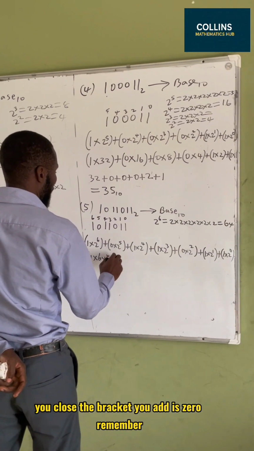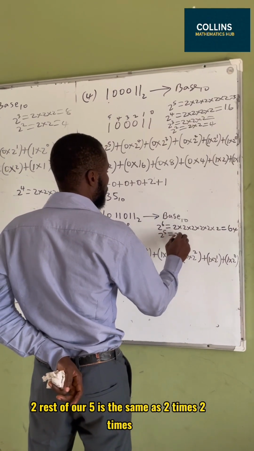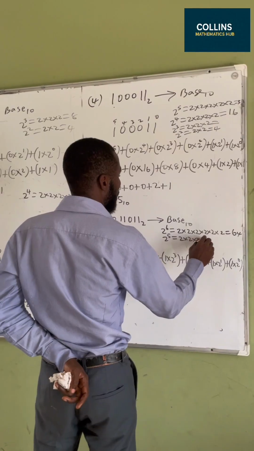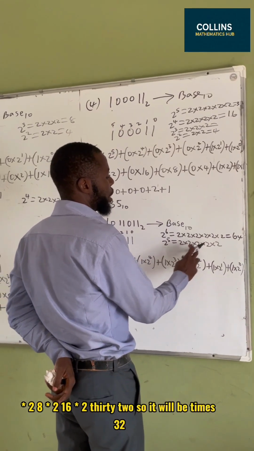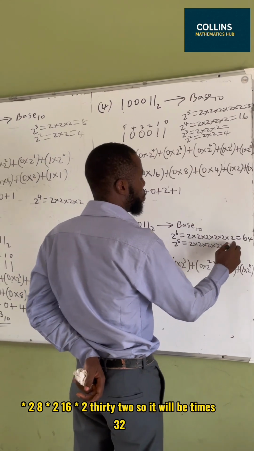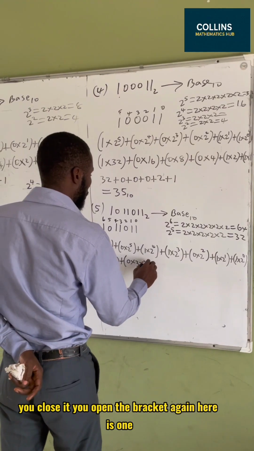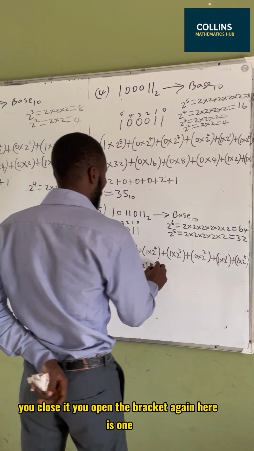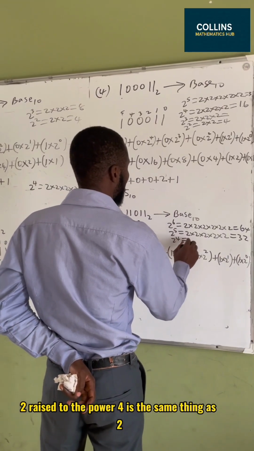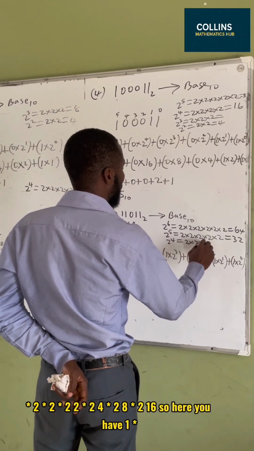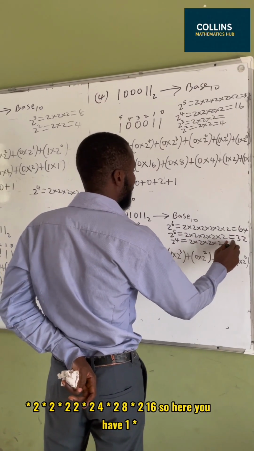You close the bracket, you add. Here is 0. Remember, 2 raised to power 5 is the same thing as 2 times 2 times 2 times 2 times 2. 2 times 2 is 4, times 2 is 8, times 2 is 16, times 2 is 32. So it will be times 32. You close it. You open the bracket again. Here is 1. 2 raised to power 4 is the same thing as 2 times 2 times 2 times 2. 2 times 2 is 4, times 2 is 8, times 2 is 16.